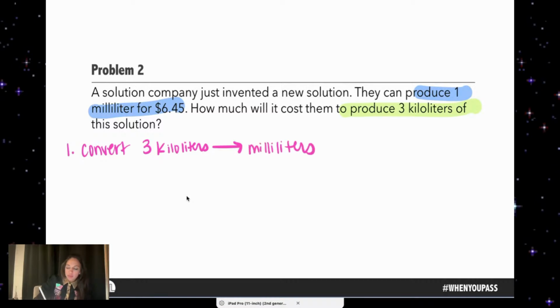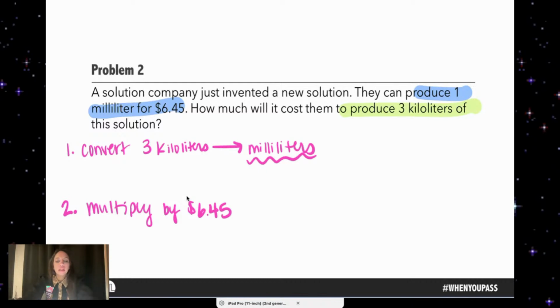Because once I figure out how many milliliters I have, then I can multiply by $6.45, right? So I just need to know how many milliliters is in a kiloliter, right?